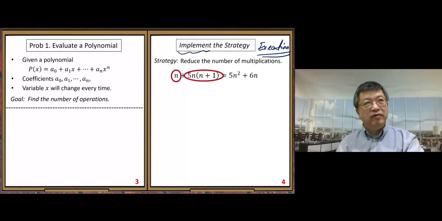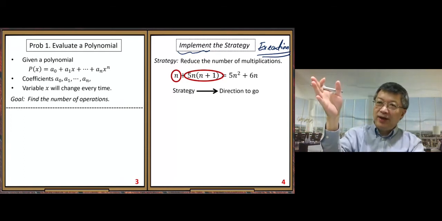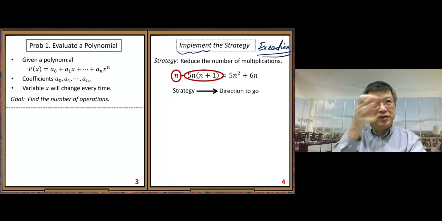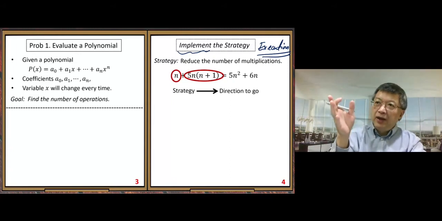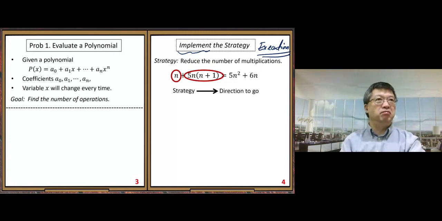Second term, compared with the first term, much larger, so we have bigger room to do the improvement. Strategy, it gives us direction to go along this direction. Okay? There are many different directions now we identify. So this direction is the best way to go. That's the first thing.